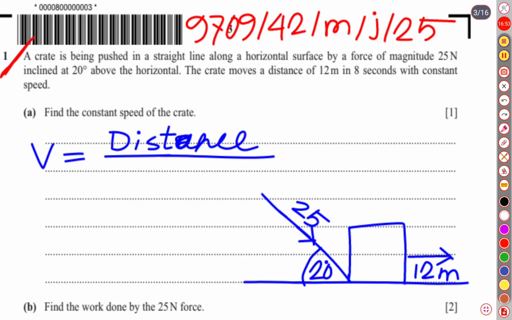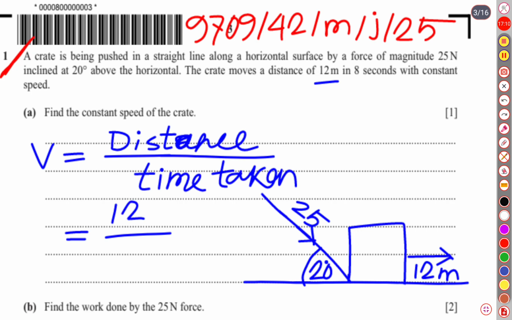The distance is 12 meter, and the time taken is 8 seconds. So equal to 12 meter over 8 seconds. So our velocity is 1.5 meter per second.